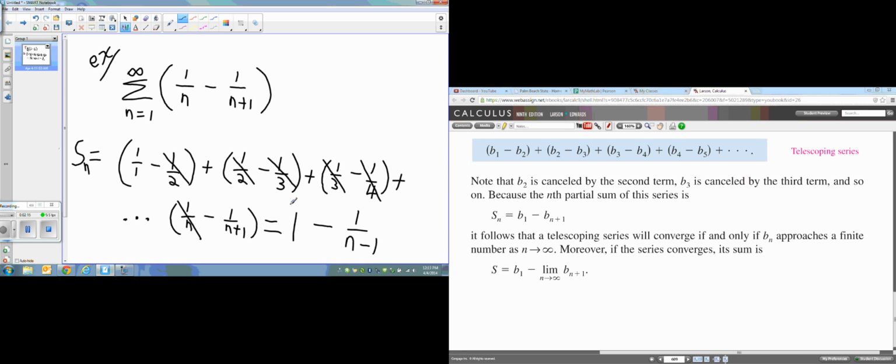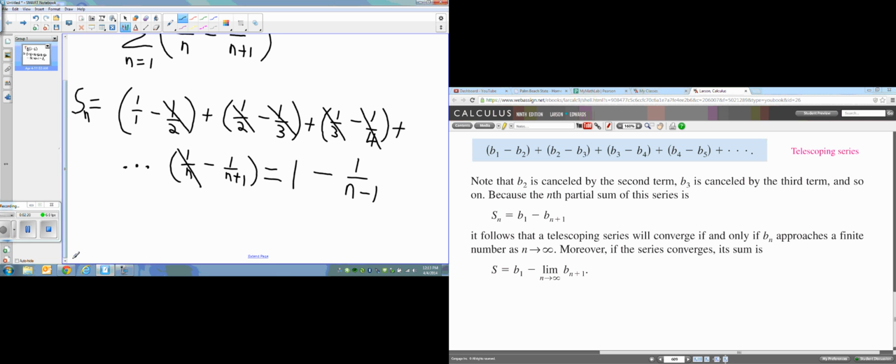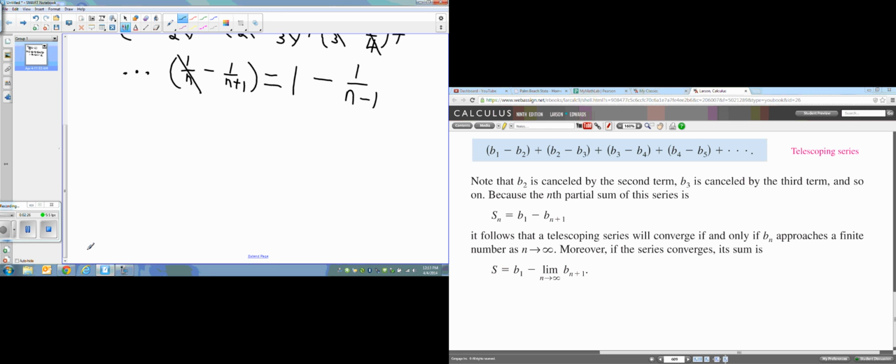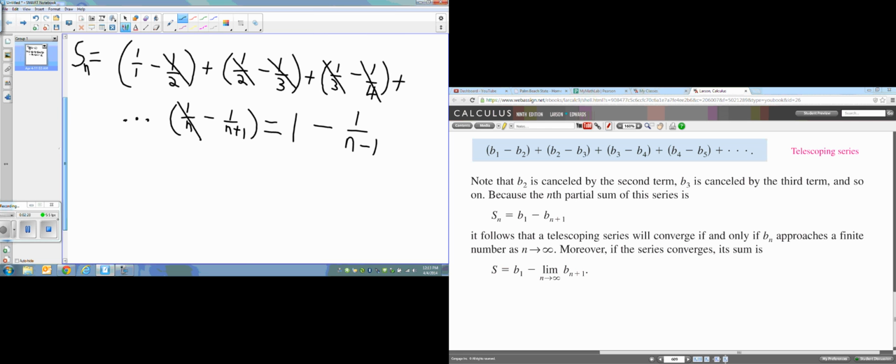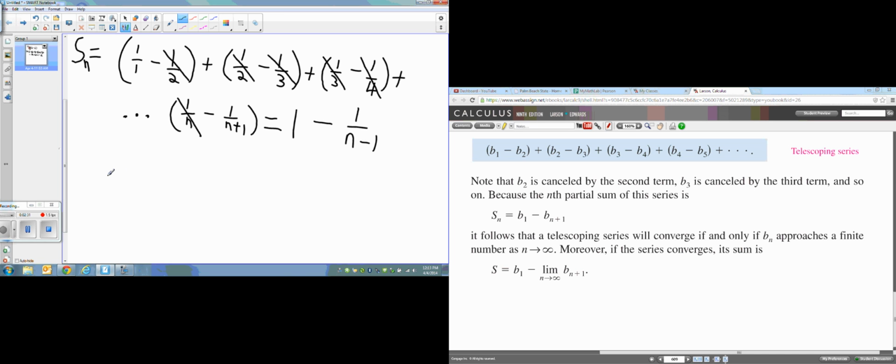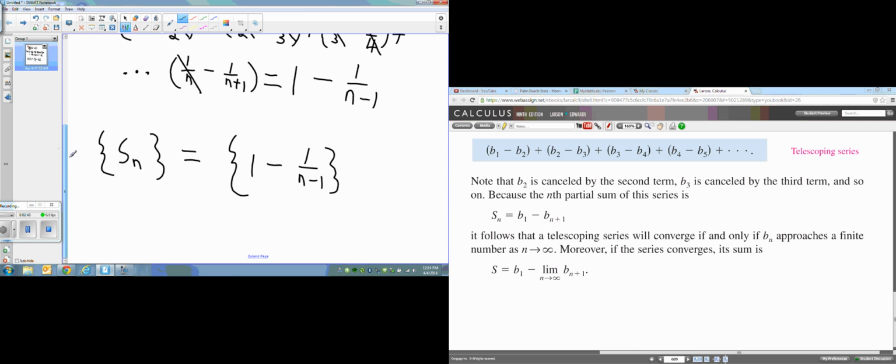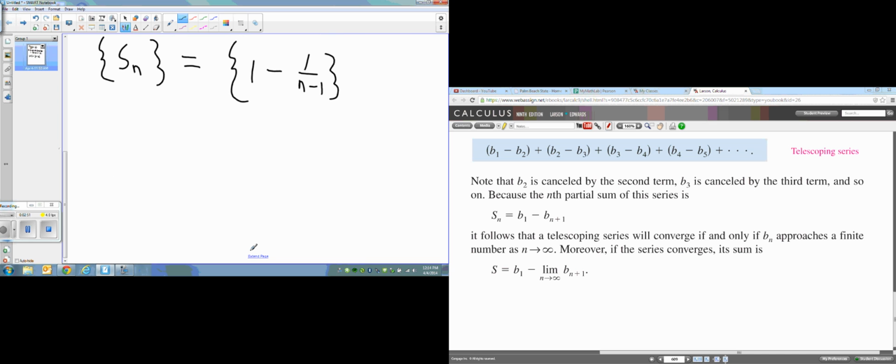So it turns out that this partial sum is just 1 minus 1 over n plus 1, where n is the partial sum that we're looking at. We're looking at the nth partial sum. So the sequence of partial sums would equal this sequence, 1 minus 1 over n plus 1. And if we want to know if this converges, all we would have to look at is the limit.